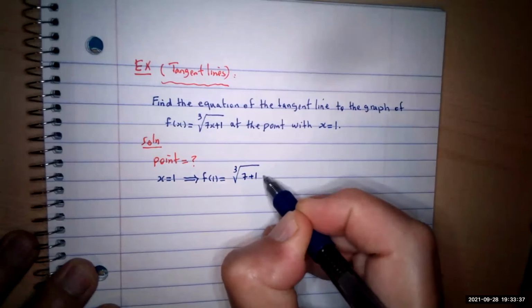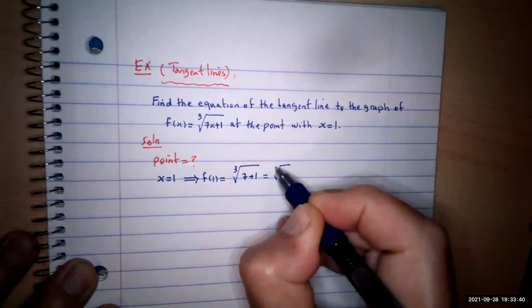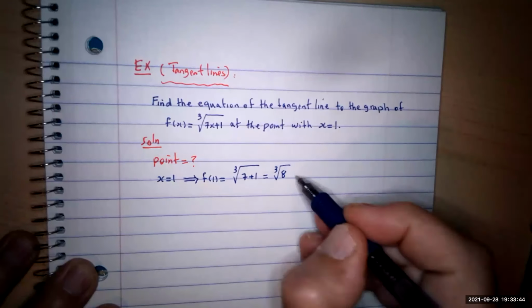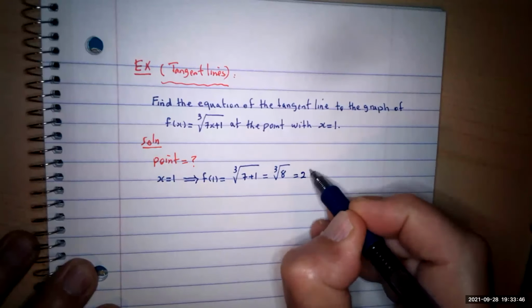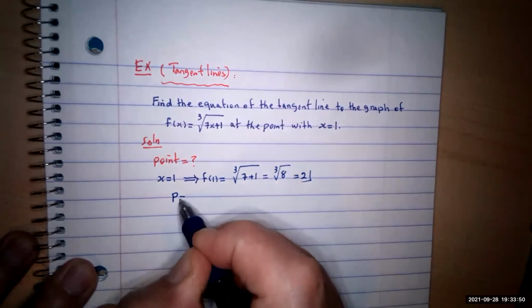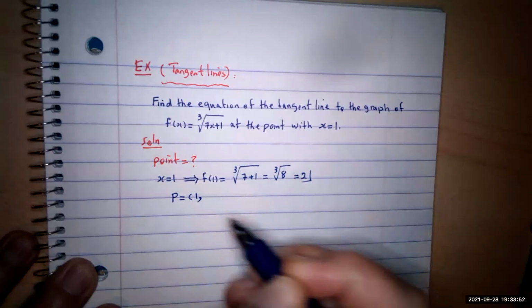So we get 7 plus 1, which would be 8. So we have the cube root of 8, and you know that the cube root of 8 is equal to 2. So we have a point. The coordinate of the point is going to be (1, 2).